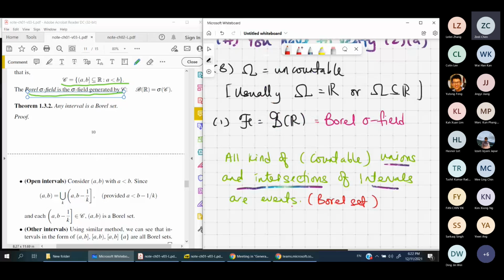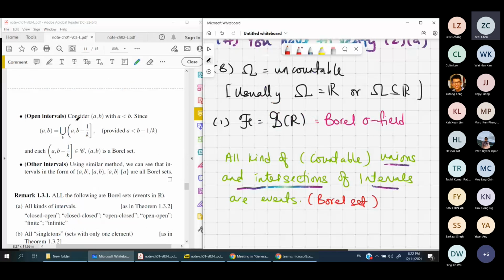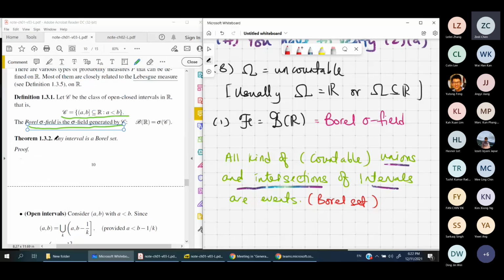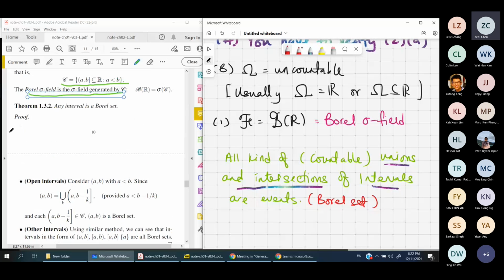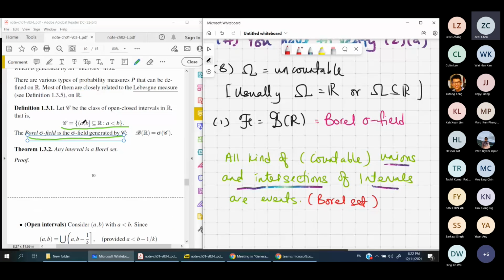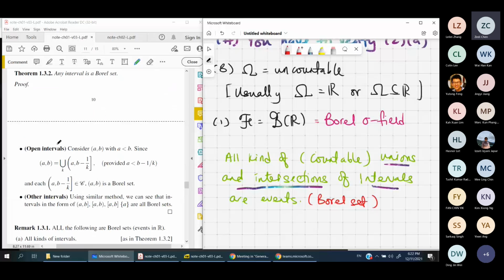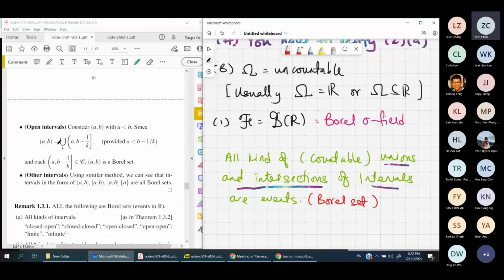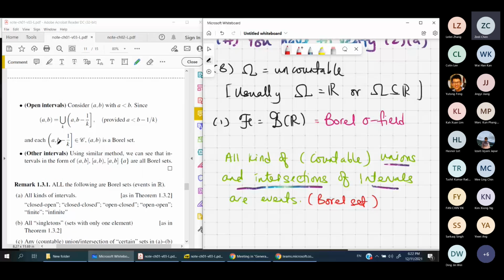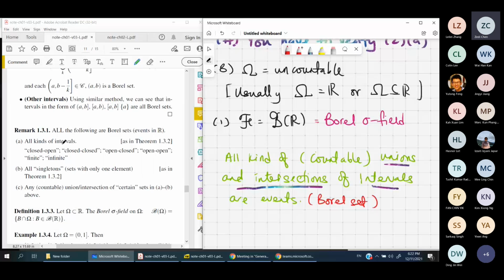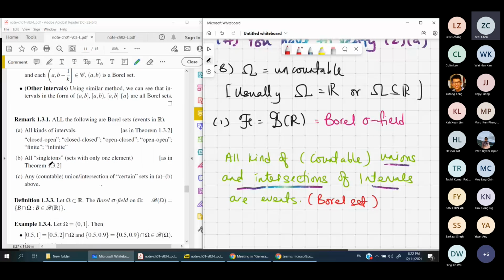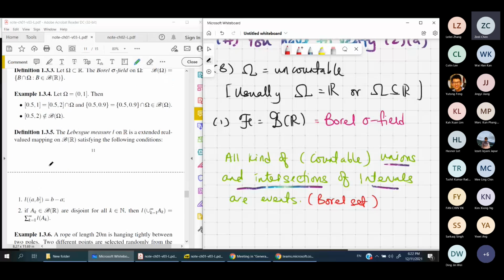We have actually verified this. We began with the open closed interval, and after that I have verified all kinds of intervals are Borel subsets.